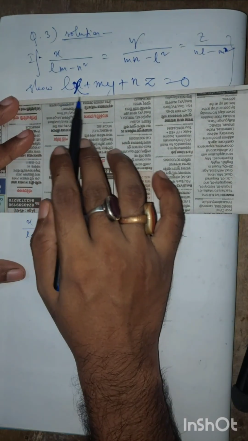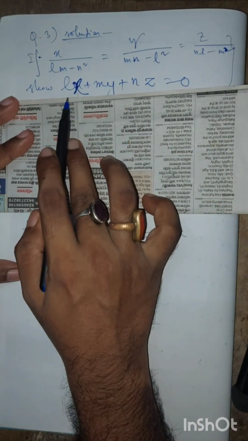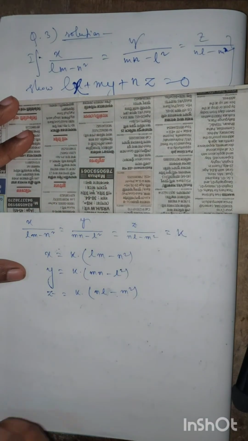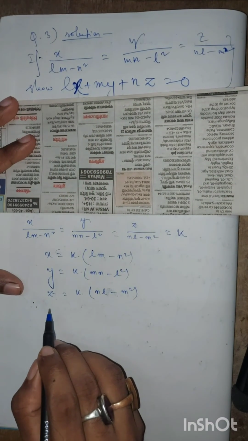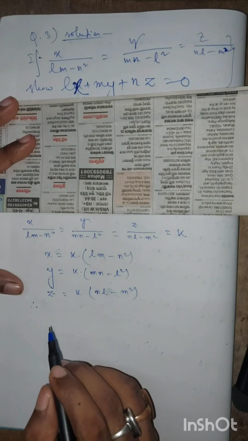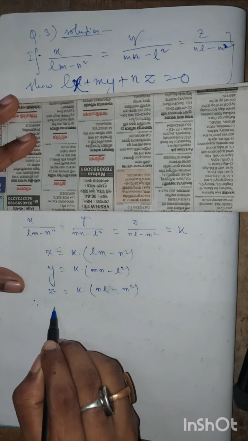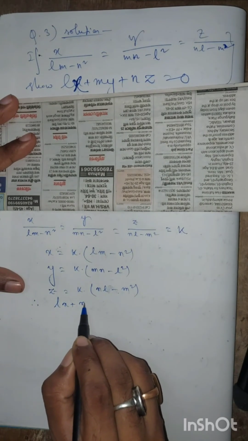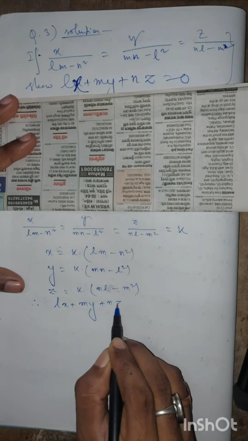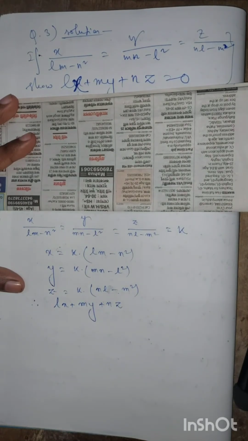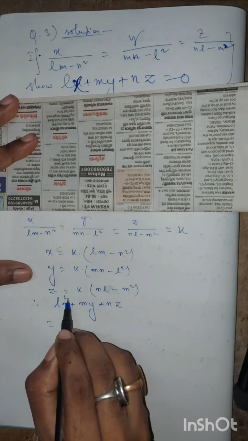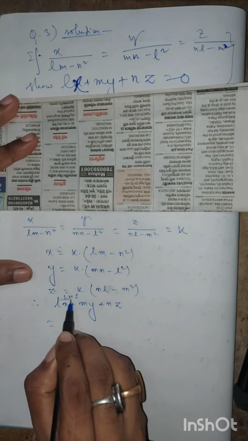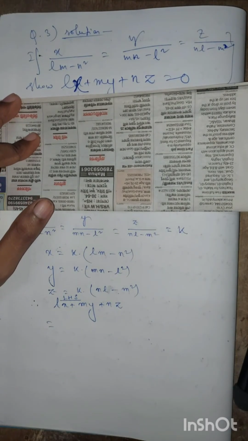Now we need to prove lx plus my plus nz equal to 0. So let us first write, therefore, lx plus my plus nz, therefore LHS equal to this, this is our LHS.